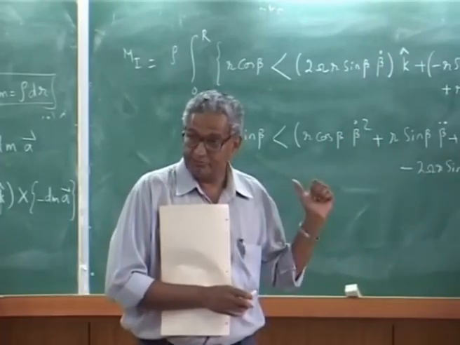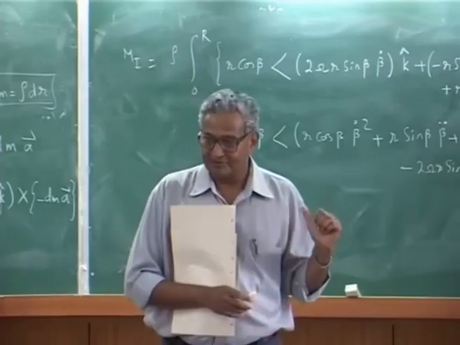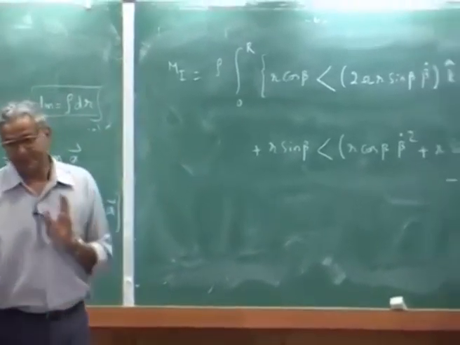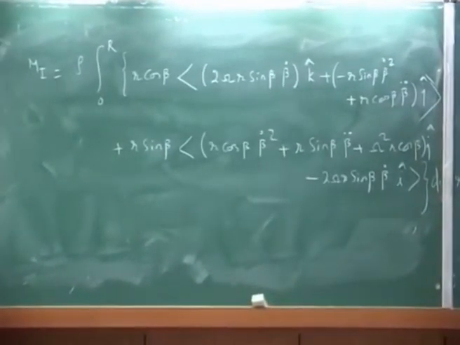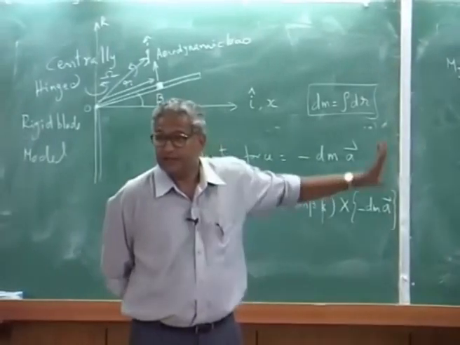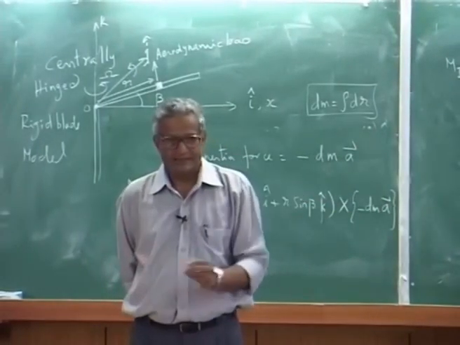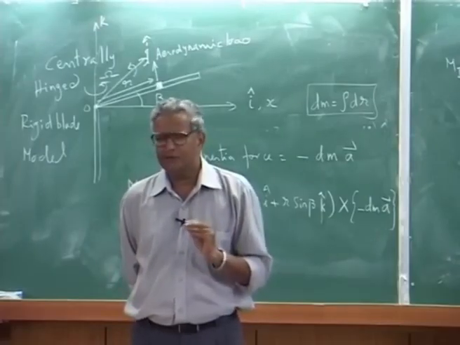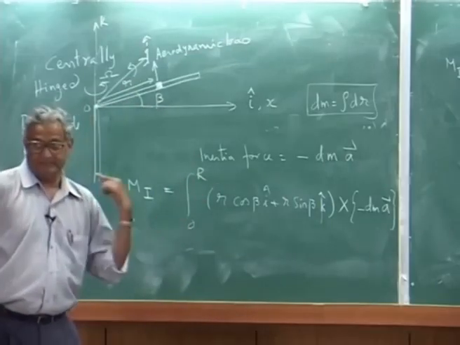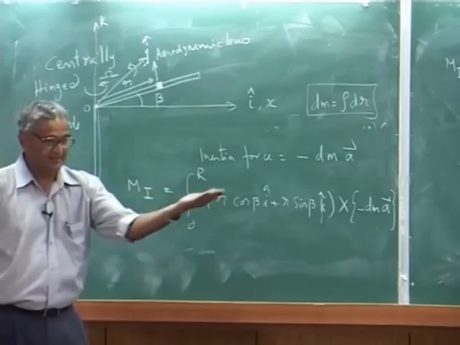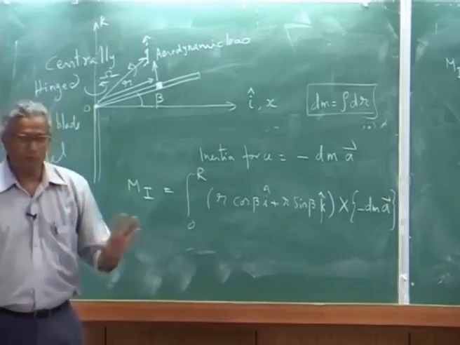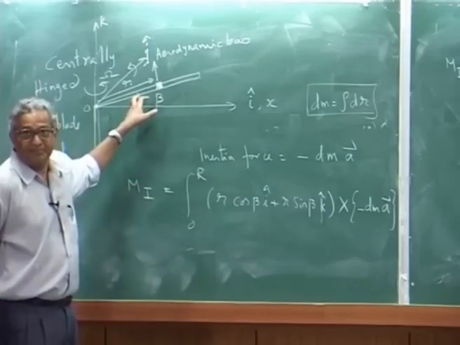Even though you will have other terms coming into the picture in inertia, if you are writing the full equation for flap motion, then you take every term. Right now in our formulation we are considering only the motion about the j axis, but please note the j axis is also changing. It is not fixed. I am calculating the moment about the j axis, because that is the one which goes to flapping.